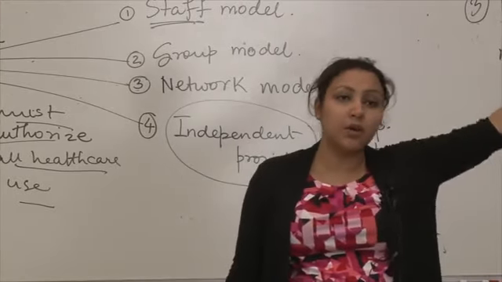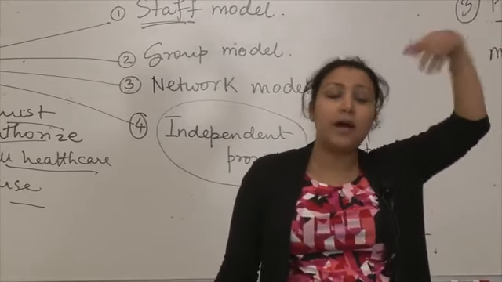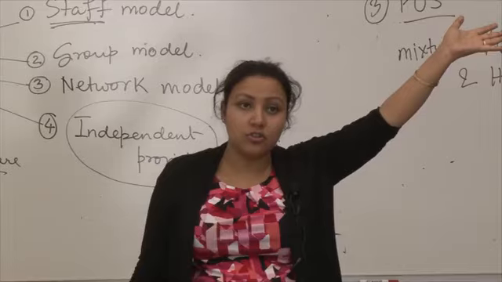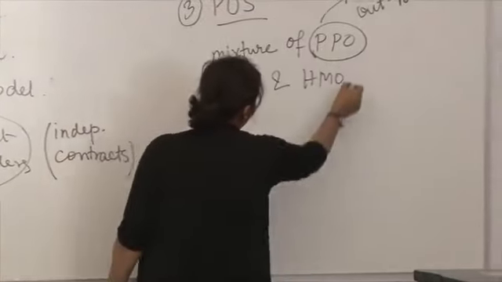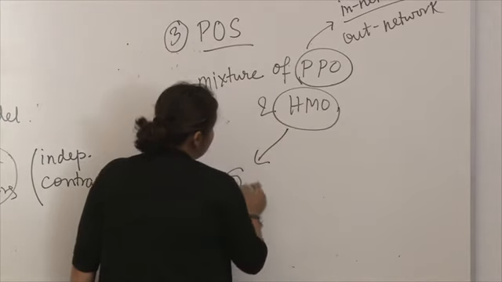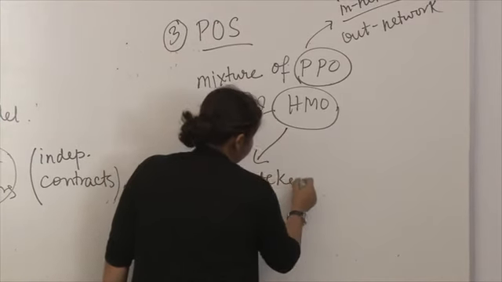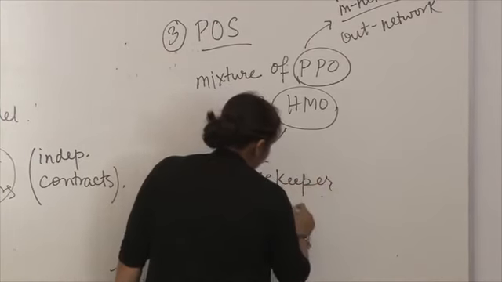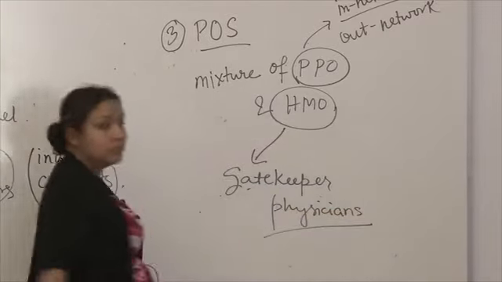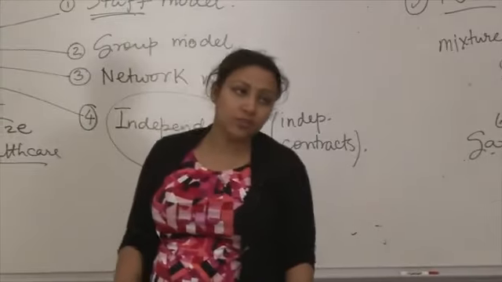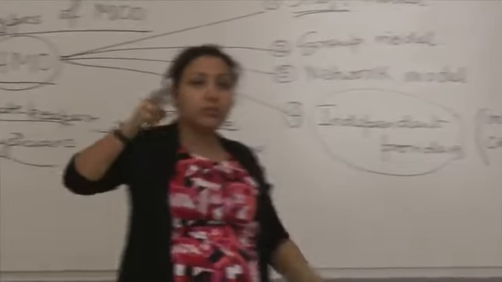If you go visit someone who is out of network, then you have to pay higher charges, okay? But there is also a feature from the HMO that comes here, which is gatekeeper physicians. Now, a combination of the two would mean what?